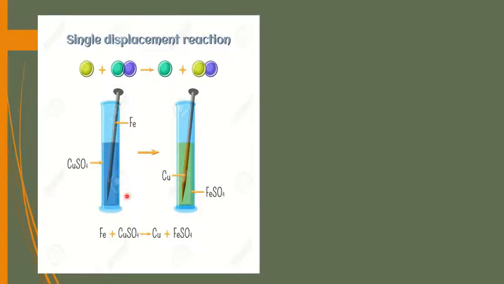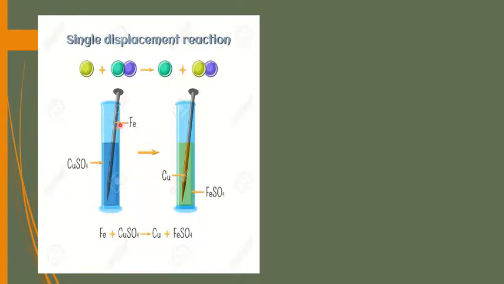This is bluish colored copper sulfate solution, and this iron nail reacts with copper sulfate and they produce copper and ferrous sulfate solution. This type of reaction is called substitution reaction.